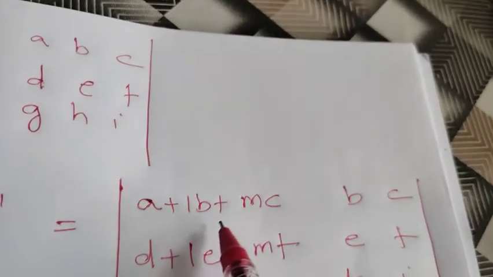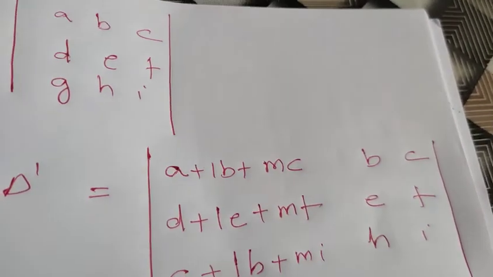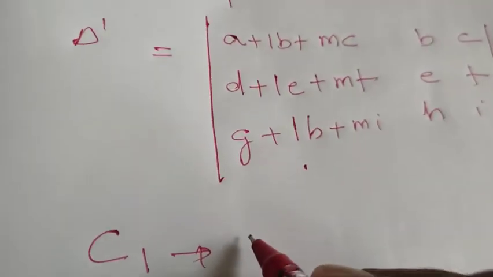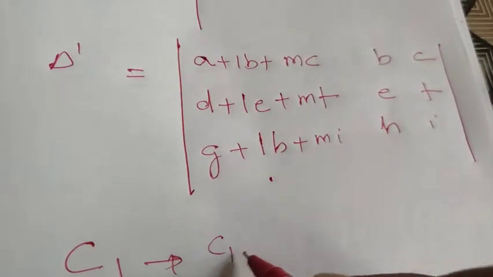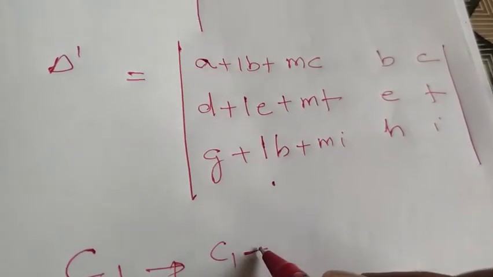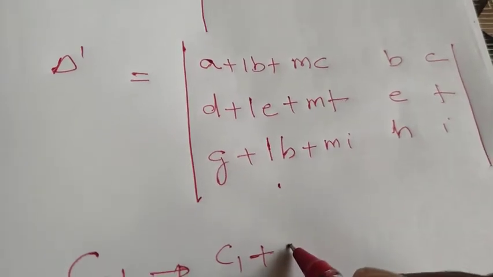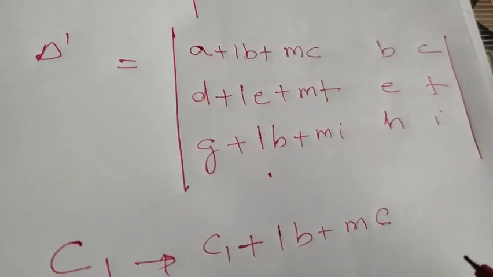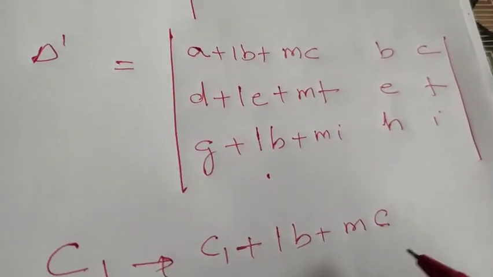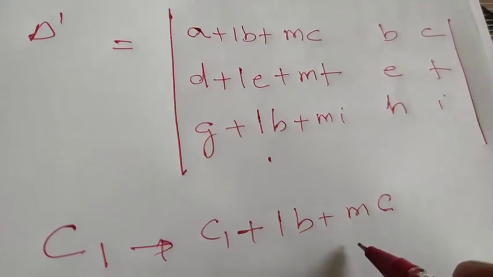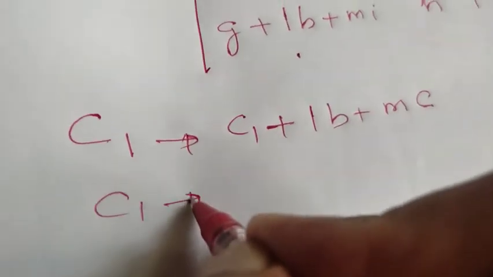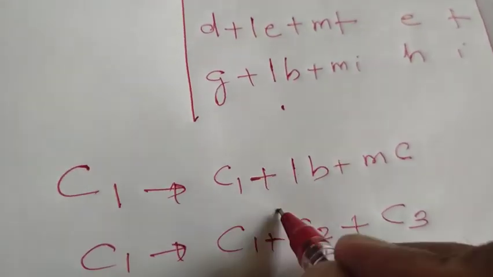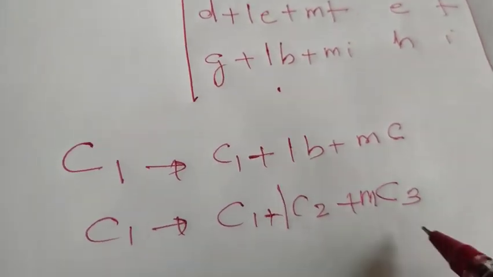So that means here this column is changed. C1 is changed to C1 plus LB plus MC, like that. That is, C1 is changed to C1 plus C2 plus C3, but here L and M are constant scalars.